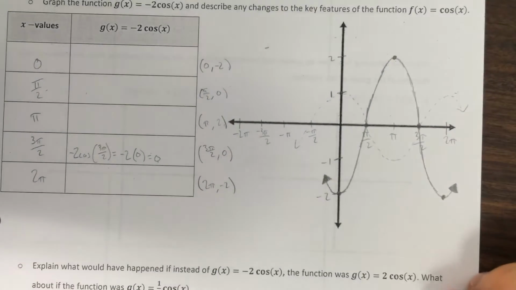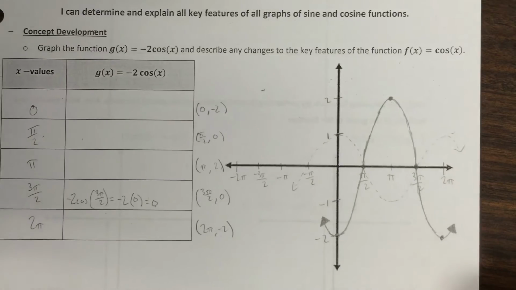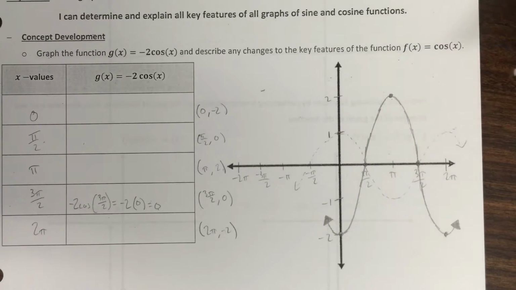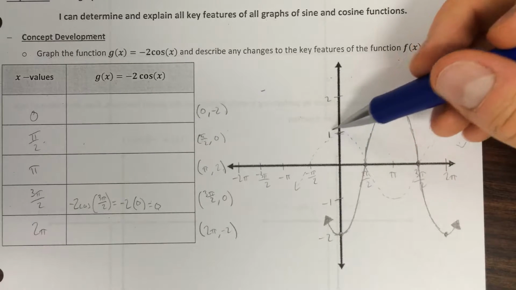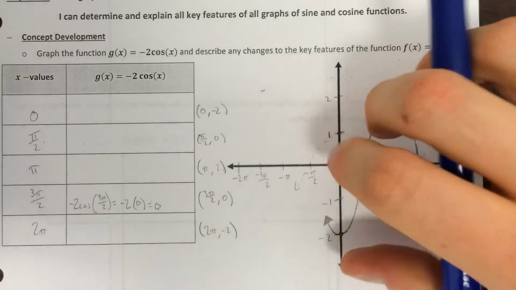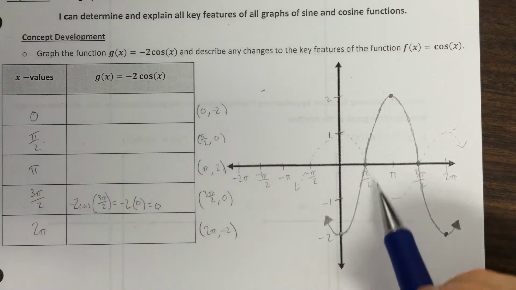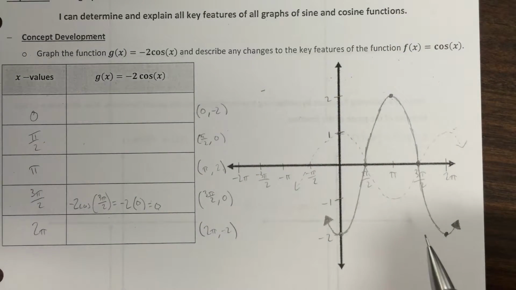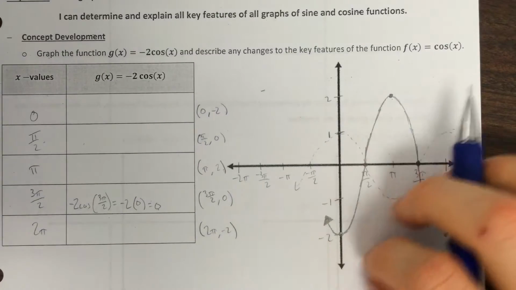Now in class we had a really good discussion, actually in all classes, about what changed from our parent function to our actual function. And what we decided is first, here it was positive and then turned negative and then positive. But on our actual function, it went negative, positive, negative. And so we said something changed here.